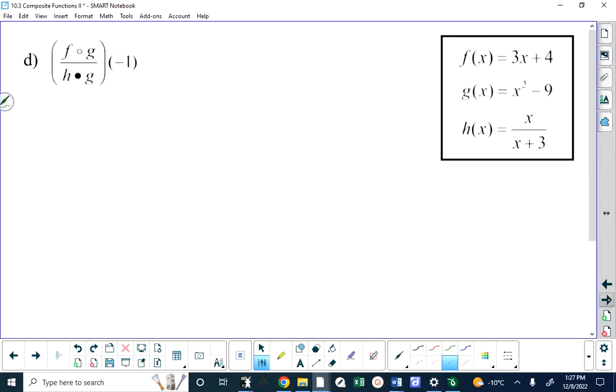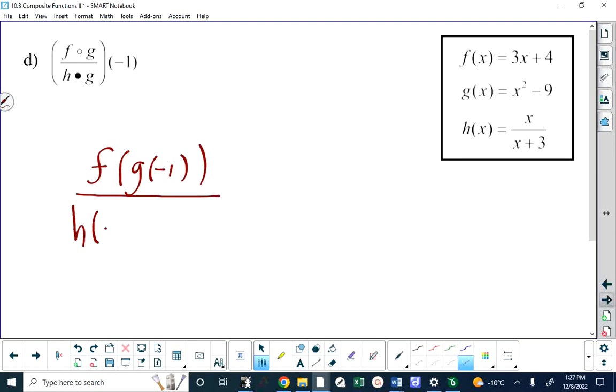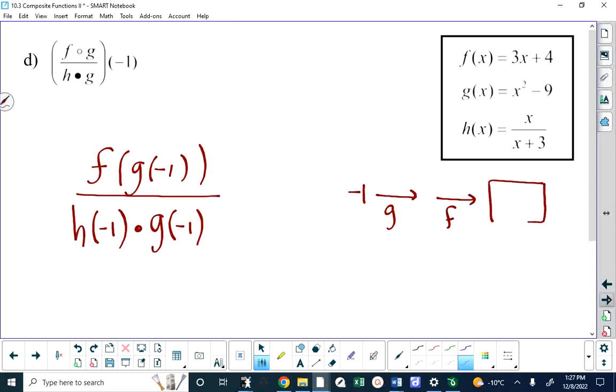F of g of negative 1 over h of negative 1 times g of negative 1. Well, f of g of negative 1 means this. Negative 1 through g gives me negative 8.